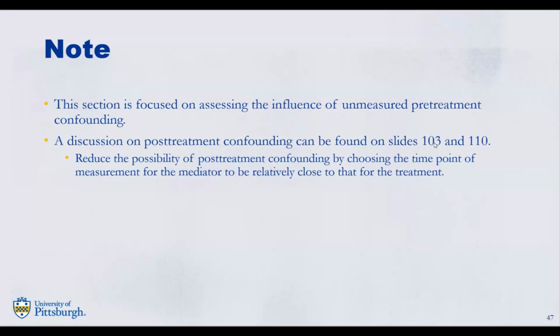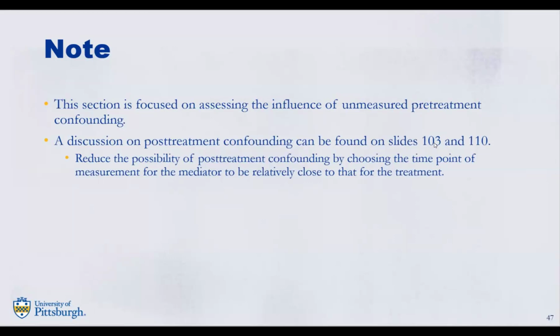We can reduce the possibility of post-treatment confounding by choosing the time point of measurement for the mediator to be relatively close to that for the treatment. That means when the treatment and the mediator are measured relatively closely, there is less chance that the confounder of the mediator-outcome relationship occurs on the path from the treatment to the mediator.